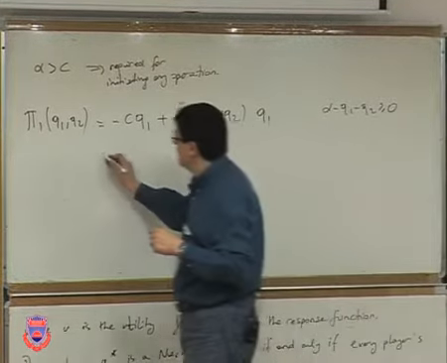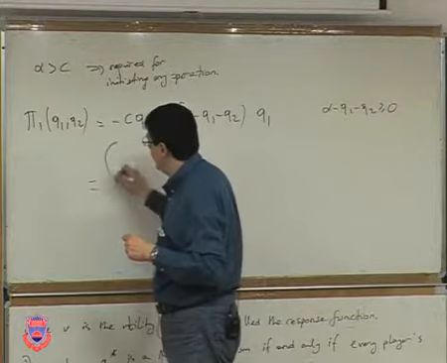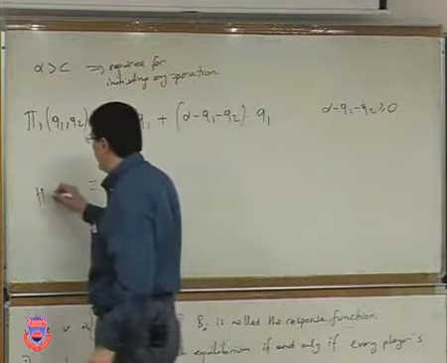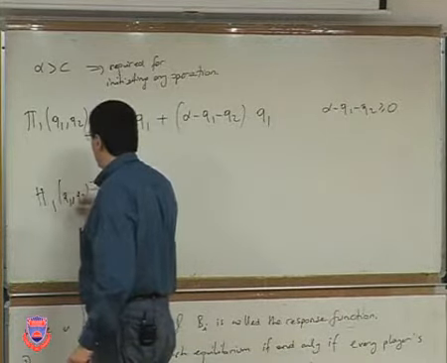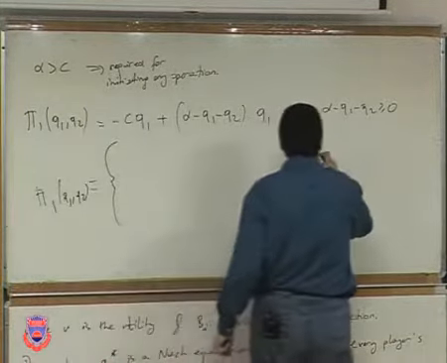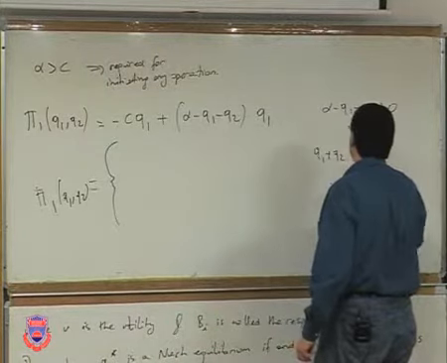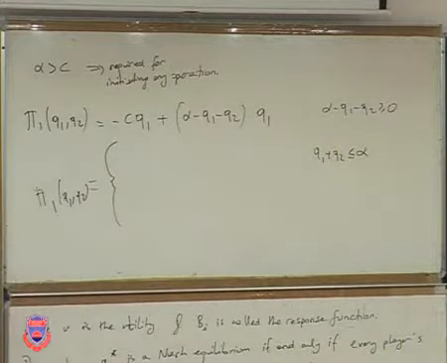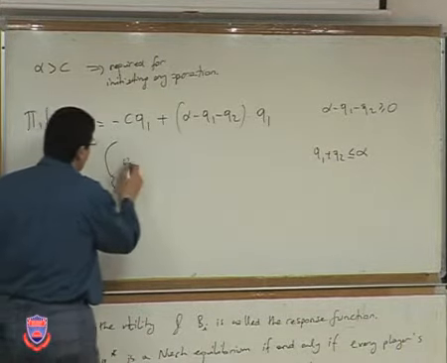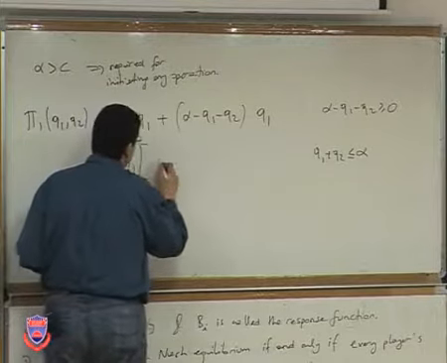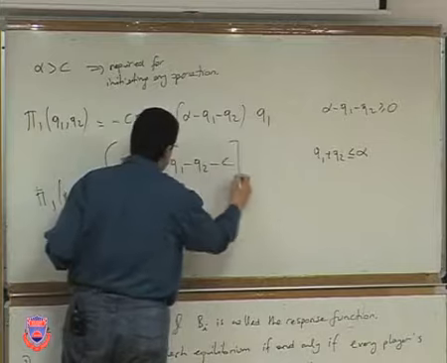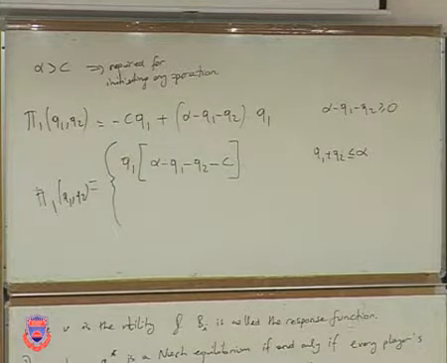Now, if we rewrite this in a more sensible way to reflect this, the profit pi 1 of Q1, Q2, if Q1 plus Q2 is less than alpha, is Q1 times alpha minus Q1 minus Q2 minus C. Okay?